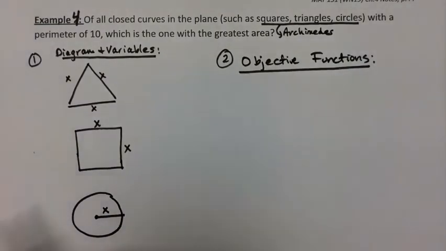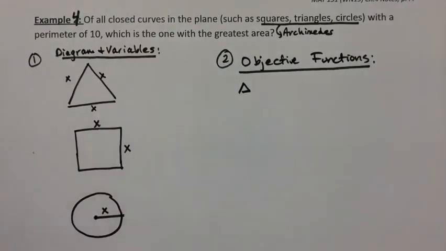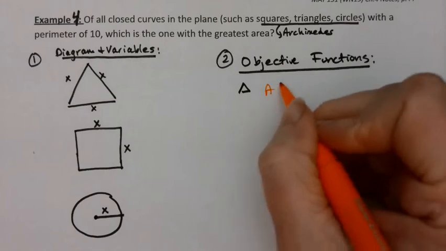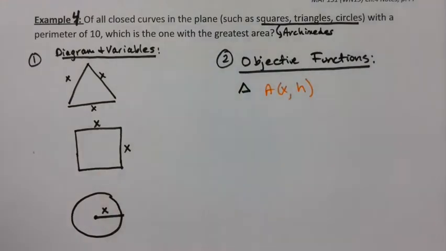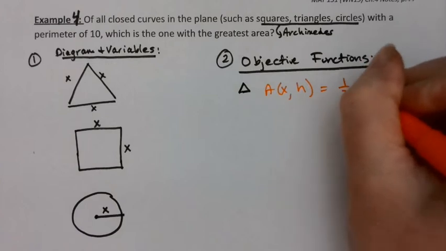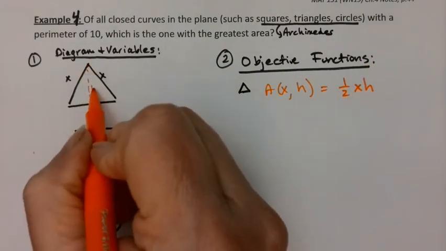So we want to think about the triangle figure. The area of a triangle is a function of x and the height. We're going to have to think about that. But it's 1/2 x times height, the height being what goes vertically down it.